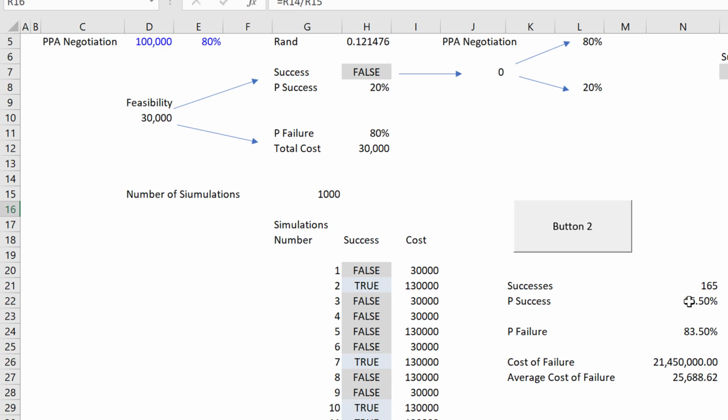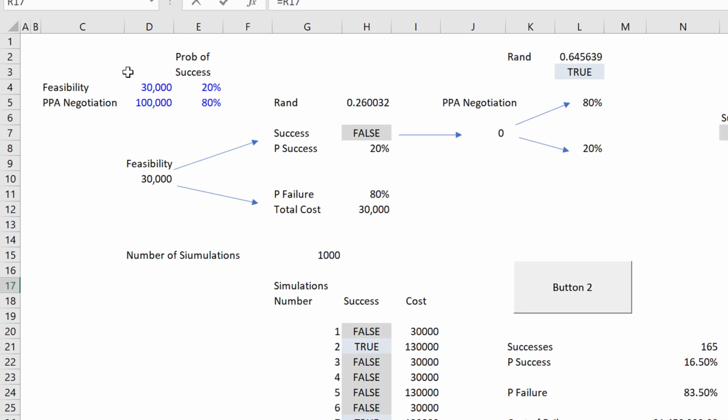Okay, and now we can put recovered costs, and that's our total cost of our feasibility study plus our negotiation.